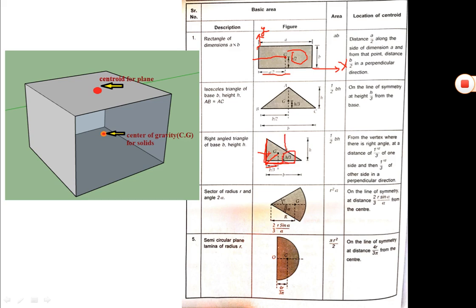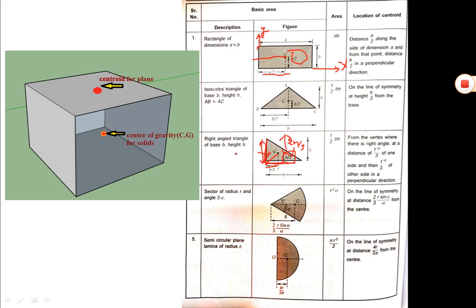So the longer side becomes h minus h by 3. So h minus h by 3, the longer side becomes 2h by 3, because this whole length is h.